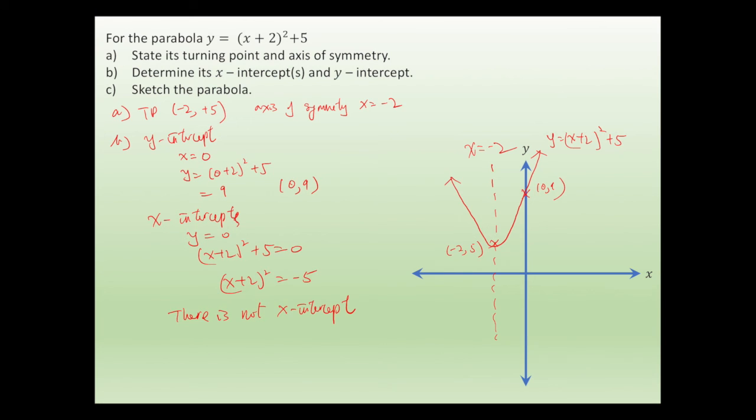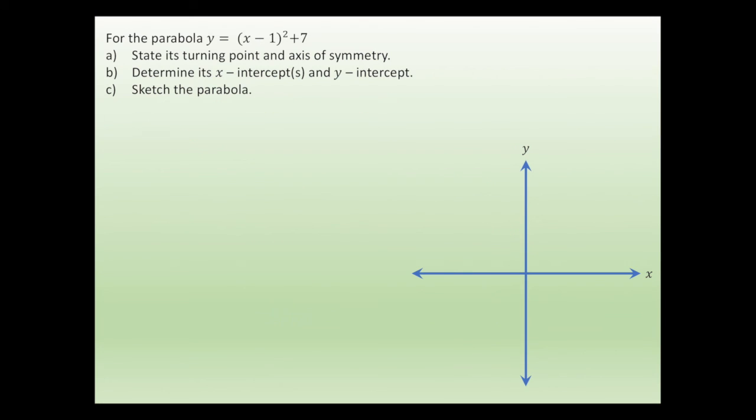Alright, one more example. Again, I would like you to try this first. So you should know that the turning point is actually (1, 7). And then the axis of symmetry is actually x equals 1.